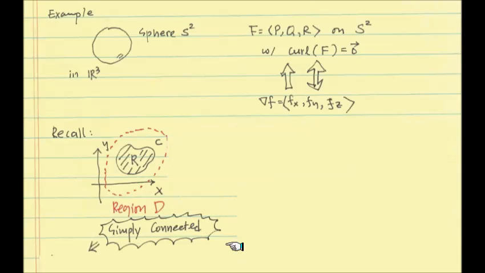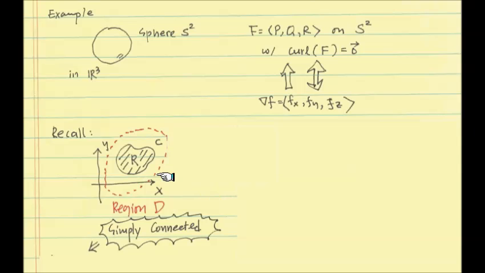The meaning of simply connected is that any loop inside this region D can contract continuously, remaining inside D, down to a point. So if you have some curve C in there, that means inside the C region, this vector field with the P, Q components is well defined. That's the meaning of simply connected.